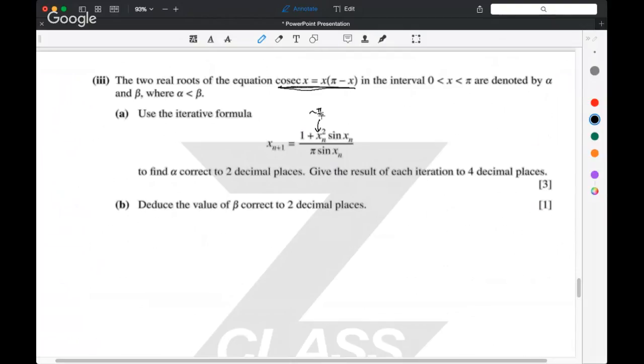Say pi over 2, and then that gives you your xn plus 1, and then you use your xn plus 1 as your xn, and you keep going. It says 2 decimal places, so you give each iteration to 4 decimal places. When those 2 decimal places stop changing for a couple of iterations, it means you're probably close enough. So you're going to iterate and bounce around and get closer and closer.